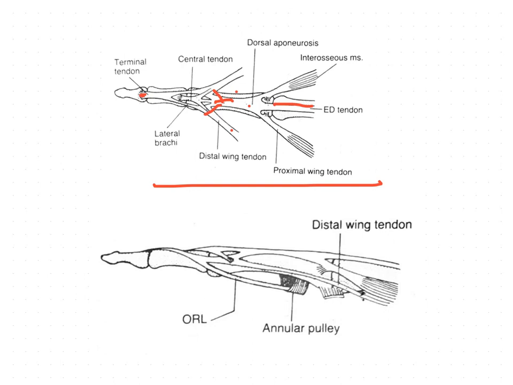Now, tension must be present throughout the extensor mechanism for effective action. Normally the tension in the extensor tendon is maintained in two ways.